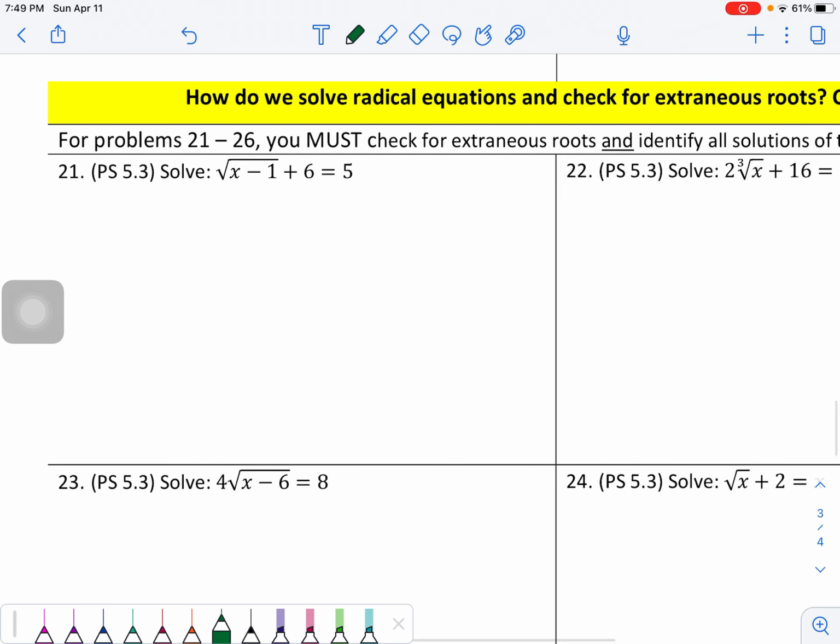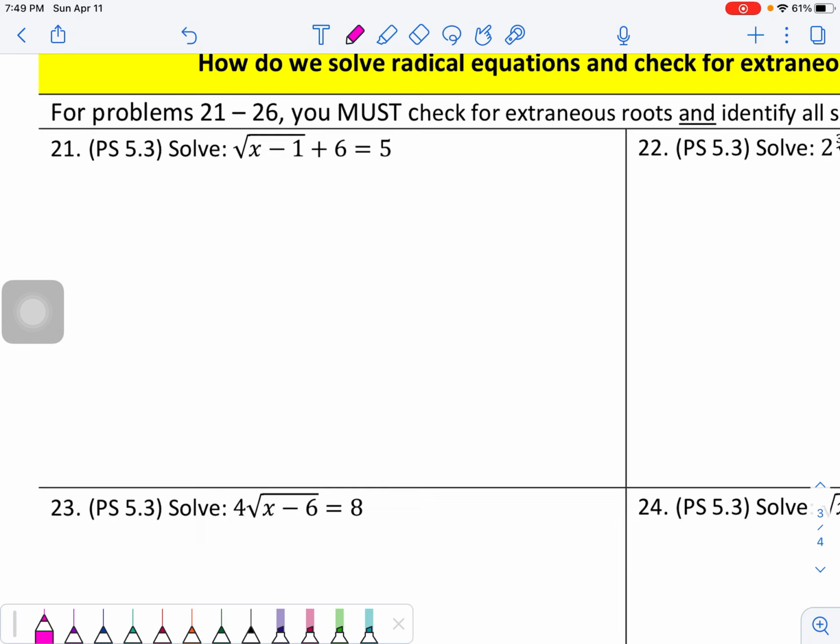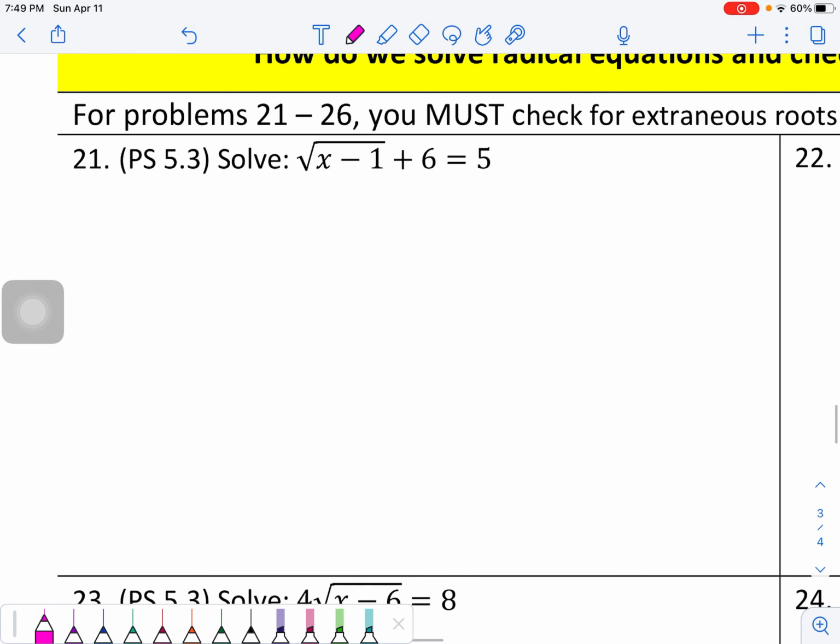For number 21 through 26, we're going to be solving, and we're going to have to check for extraneous roots. So I'm going to go ahead and zoom in on number 21 here. First thing I want to do is find my radical. There is my radical, and I am going to isolate that radical. So in this case, I'm going to subtract 6 from both sides.